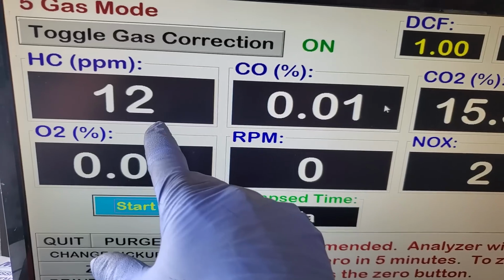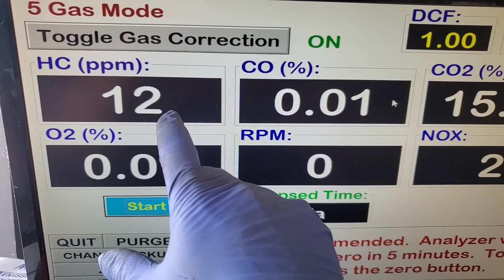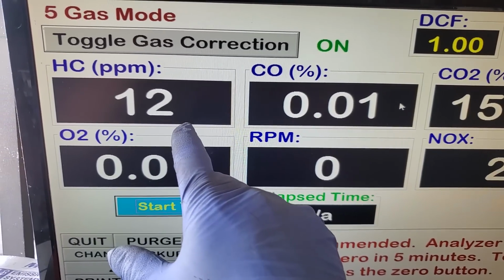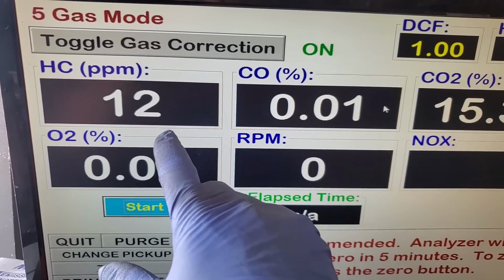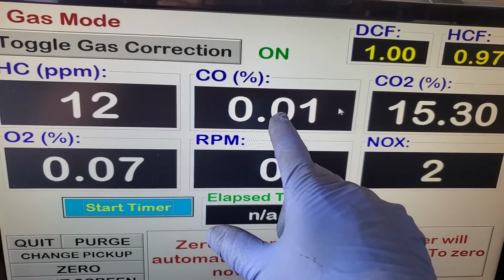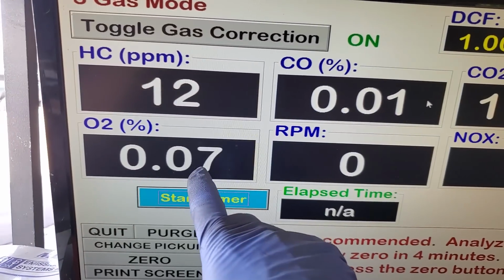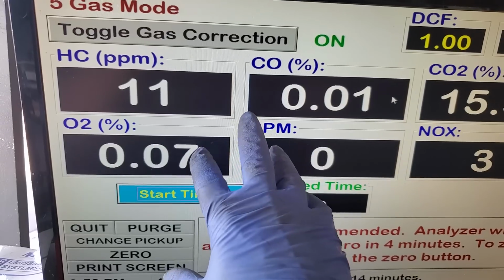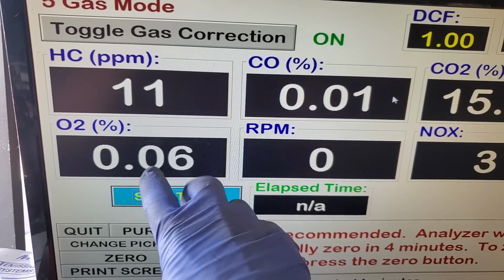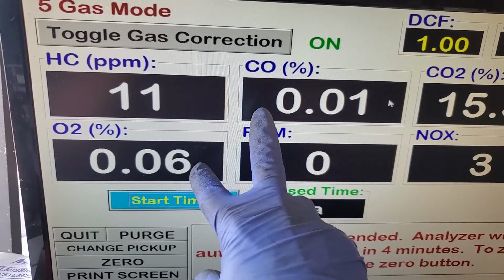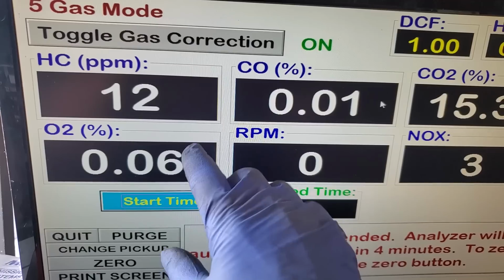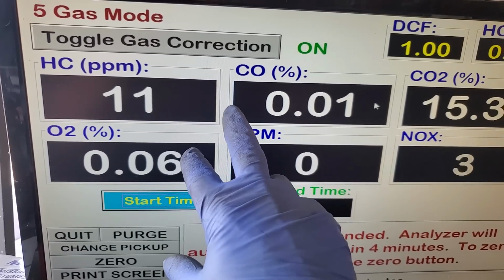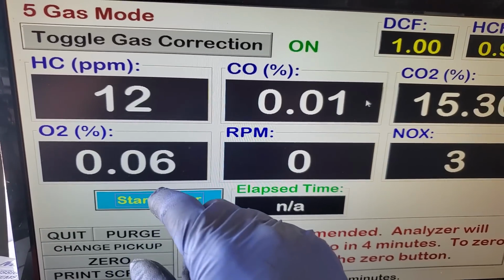We have low hydrocarbons, so the vehicle's consuming all of the gas that's going into the engine. Low carbon monoxide, so we have a good fuel mixture. Low oxygen, we have a good fuel mixture. It's burning, there's the perfect mixture to burn up all the available hydrocarbons. So there's a good balance between oxygen and hydrocarbons.